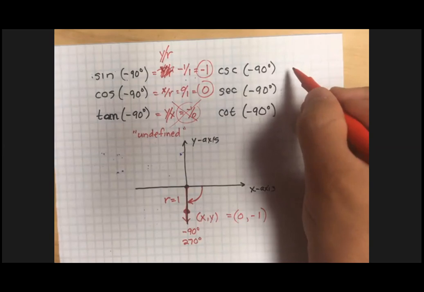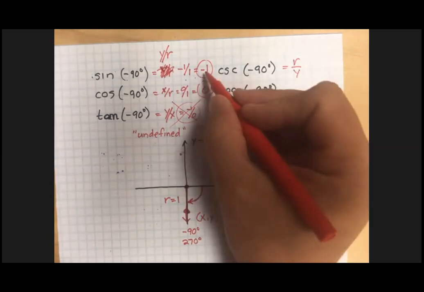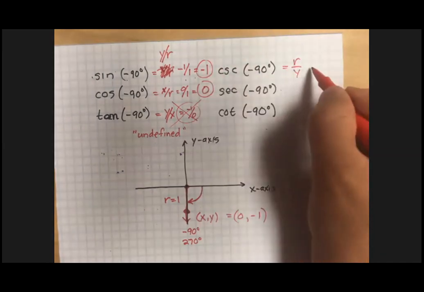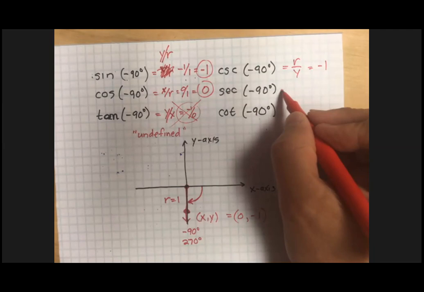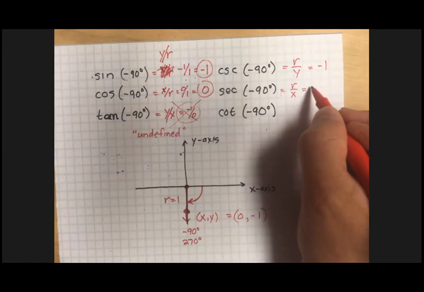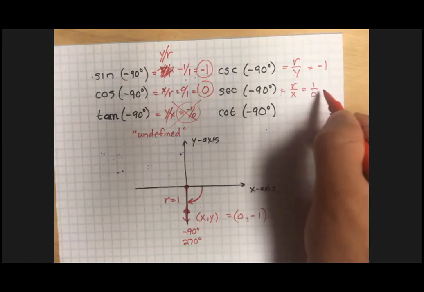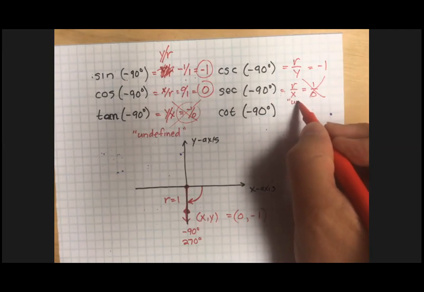R over y? Well, what's the reciprocal of -1? It's also -1. What about r over x? Oh my gosh, I'm screwed up again. X is 0. I can't do that. Don't write 1 over 0. That's not the answer. The answer is undefined.